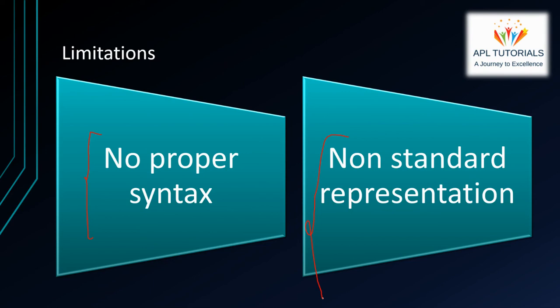No standard representation. This means that it is difficult to standardize an algorithm. Different people can represent the same algorithm in different ways. Like I wrote the sum this way, accept number one, accept number two. But it can be written as, let the first number be number one, let the second number be number two.